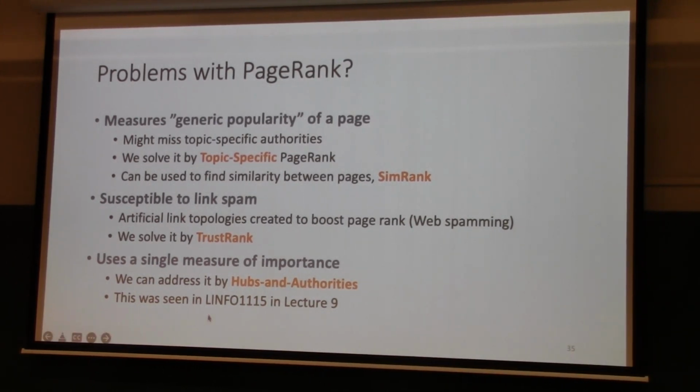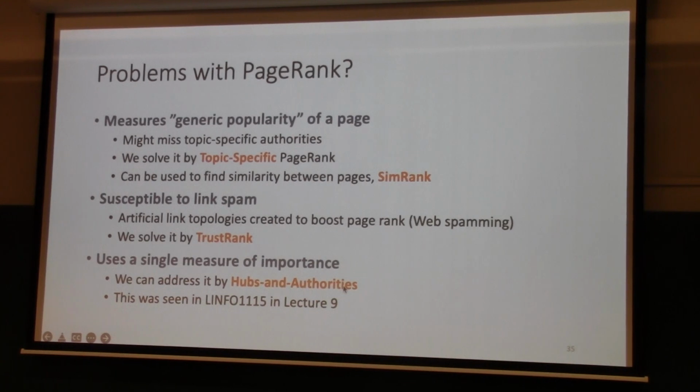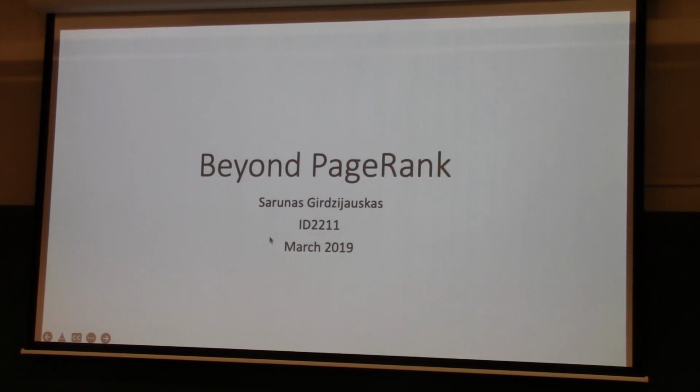And finally, the hubs and authorities, there's two kinds of importance. There's the pages that are important, but also the pages that link to important pages. So PageRank only has one measure. Okay, that we saw last time. But I'm going to talk about these two, topic-specific and web spamming.